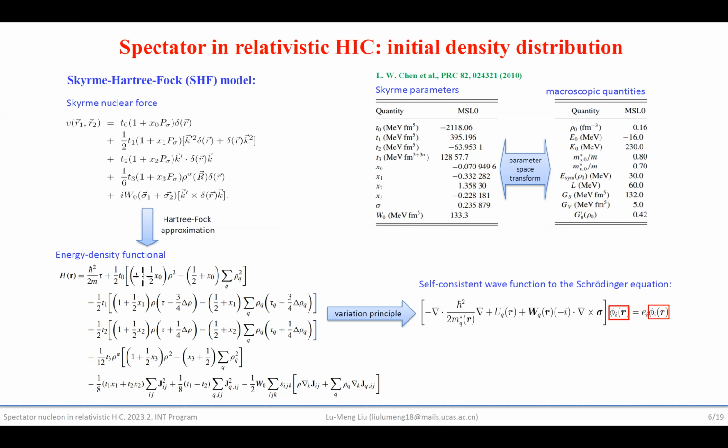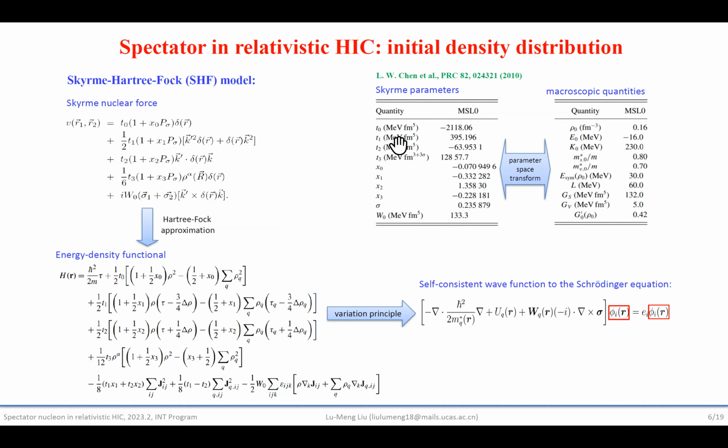With this energy density functional, the single particle Hamiltonian can be obtained using the variational principle. Then we can solve the Schrödinger equation self-consistently to get the wave function per nucleon. And thus we can get the density distribution and some other information.